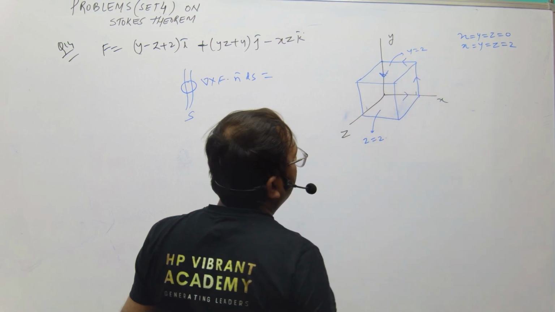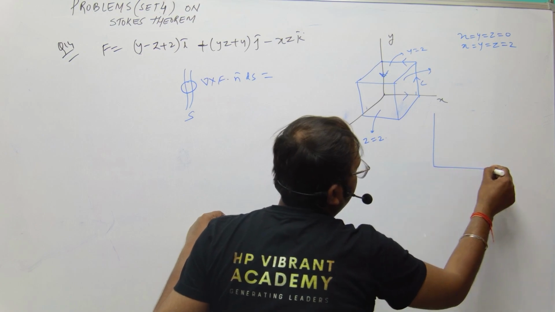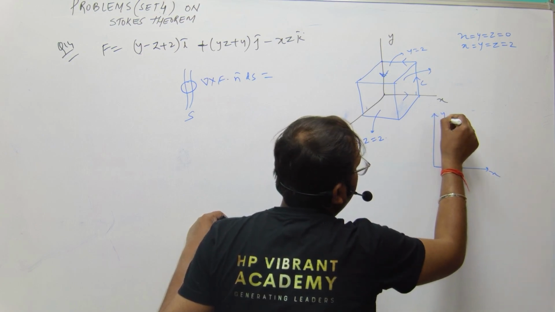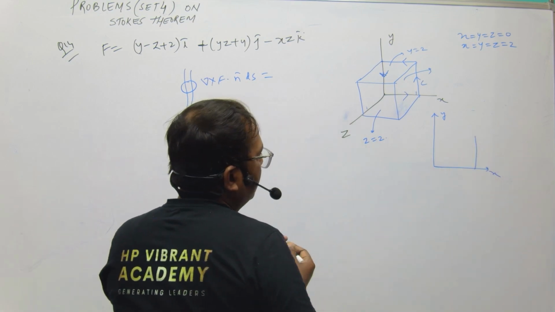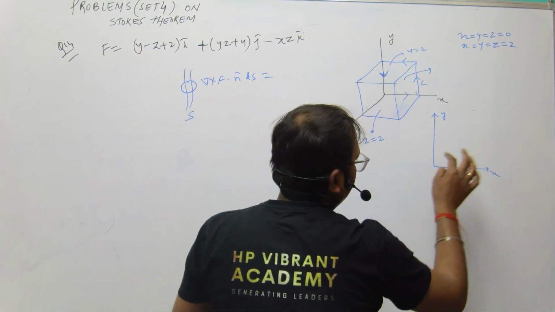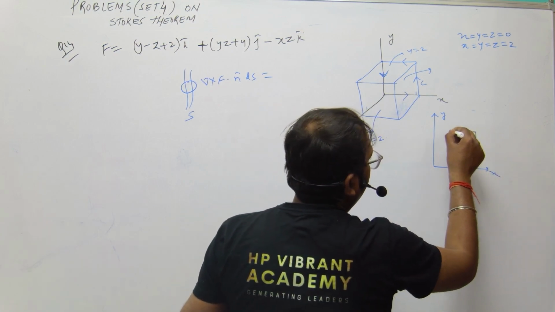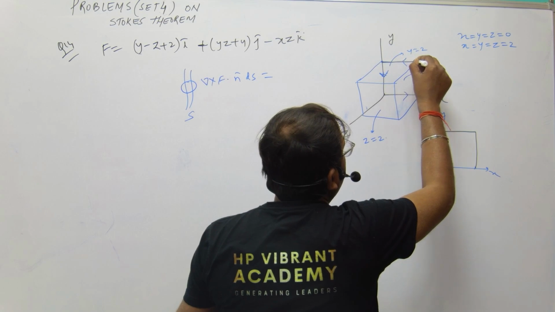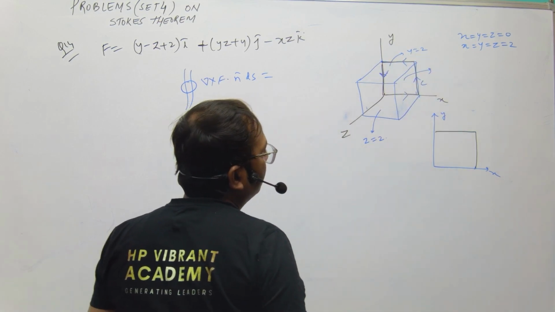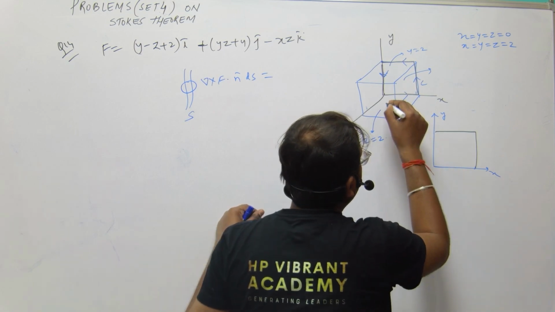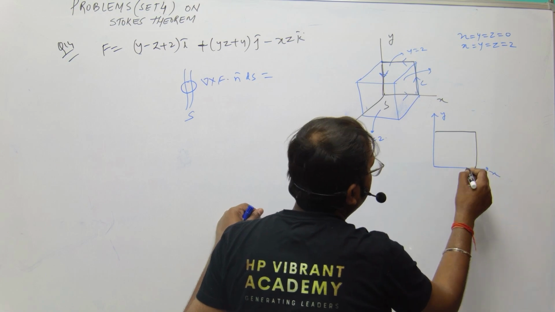This is x and this is y. So let us draw the curve C with a different color. So this is our surface and this is our curve C, which is lying in the xy plane.